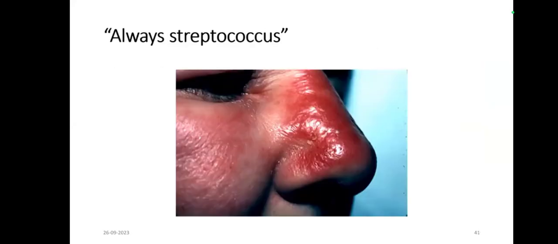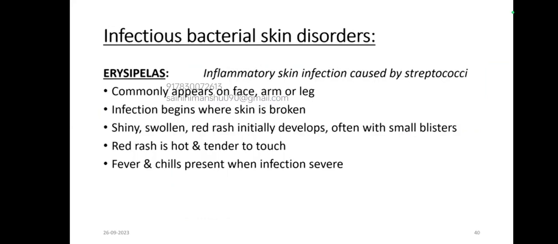This is the picture. You can see it is inflamed, and it is only because of streptococci. You can see the red hot rash on the lesions, and it will be painful, and fever will definitely be there.